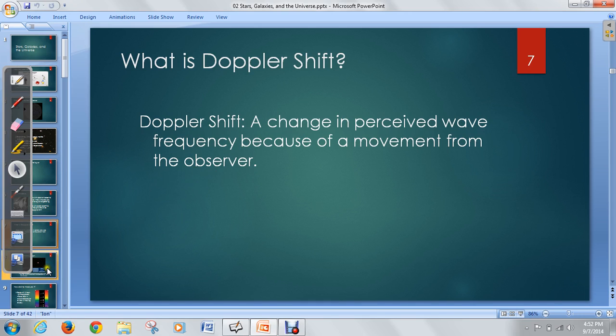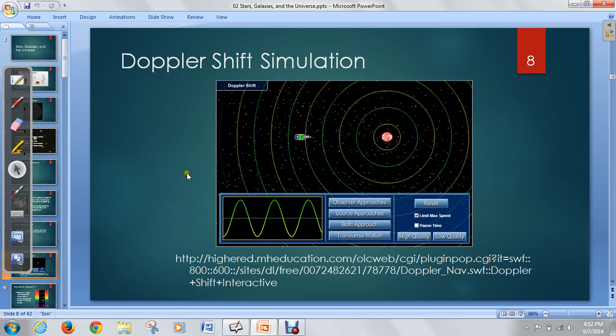There's also this simulation online. Again, if you want to go to this address or just search Doppler shift simulation, it kind of shows that when we move towards objects, the wave starts to compress or contract based on which direction we're heading. So Doppler shift comes from these changes.